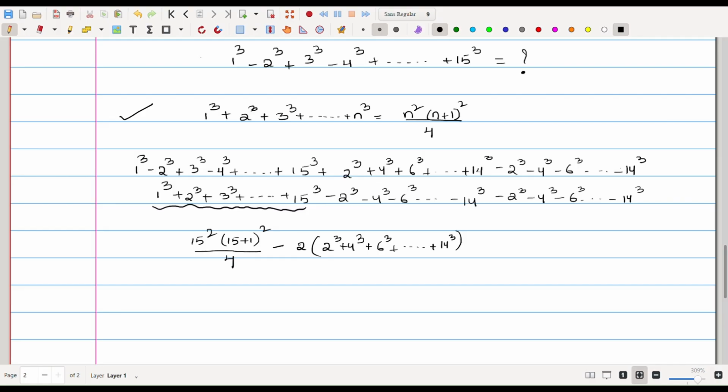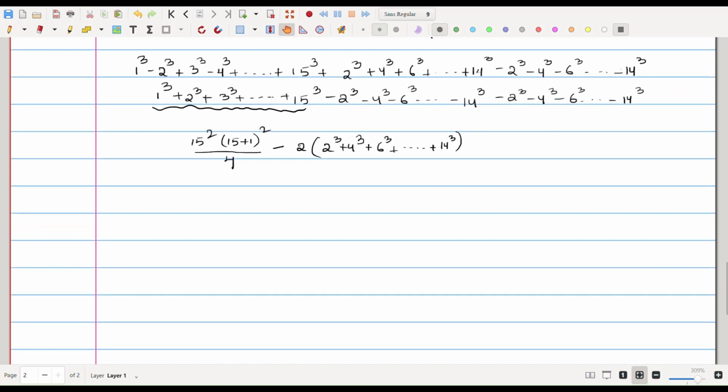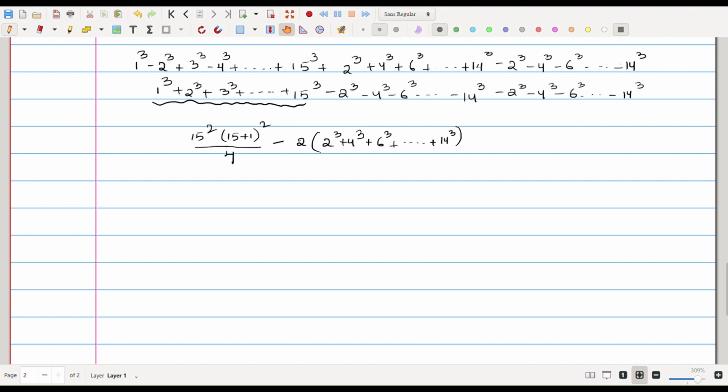The same identity can be applied here also, but the problem is it is not starting with 1. Looking at all the numbers, these are all even numbers. So can we take 2 common? Yes, we can. So this is 15 square, which is 225, into 16 square, which is 256, by 4, minus 2 into, taking 2 cube from all the terms.